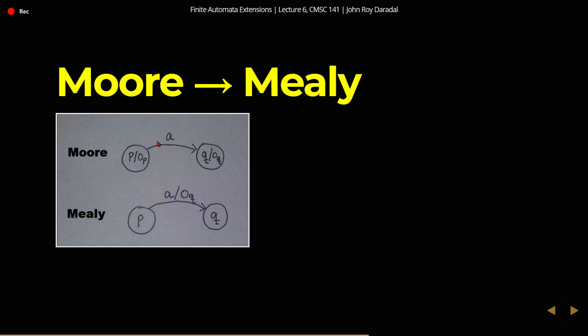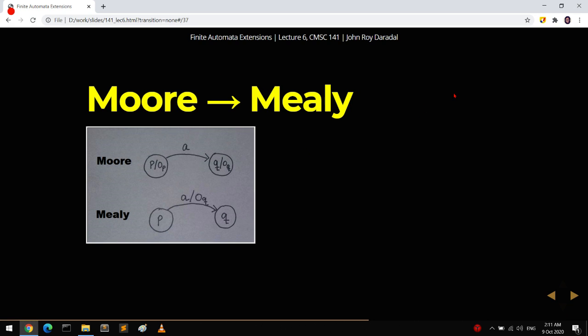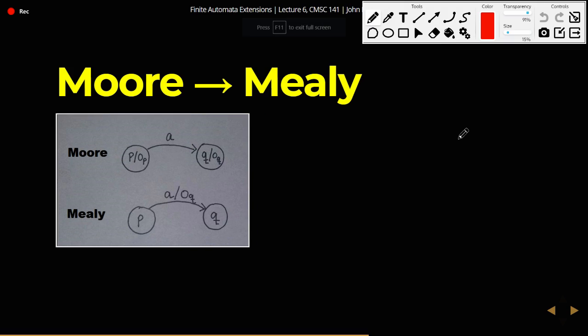The conversion basically asks us that if we are to transition from P to Q, whatever was the output associated with Q or the destination, that would be the output of this transition. Okay, so that's how simple it is. So let's say, for example, let me draw it up. Let's say we have from state P, let me make it bigger.